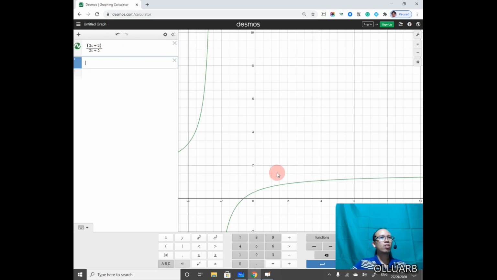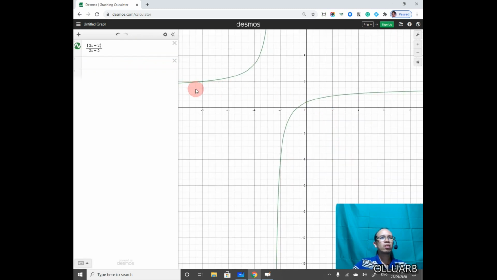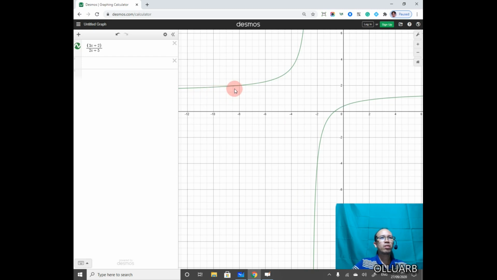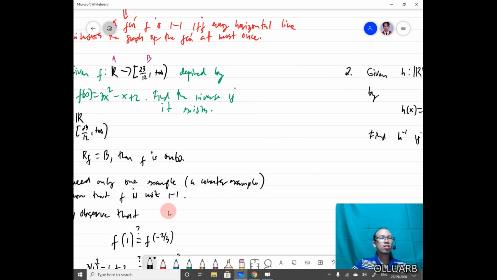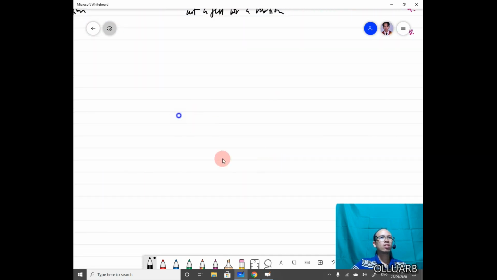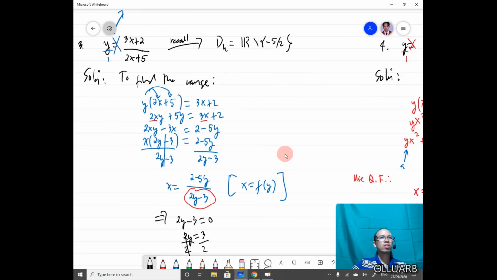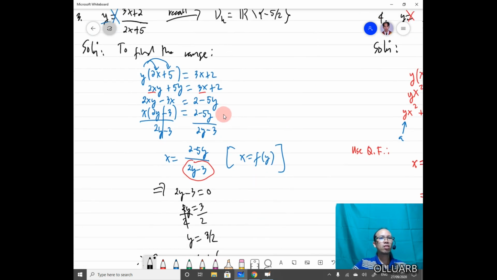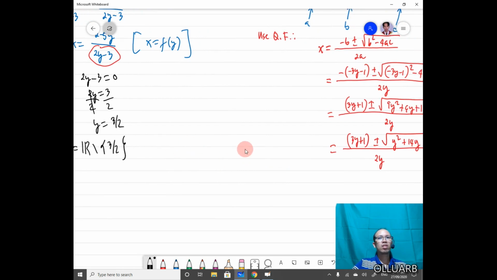Enter. Okay, what is this value here? I cannot pinpoint. Let's recall. Sorry everyone. Let's determine, okay, this one, 3 halves.